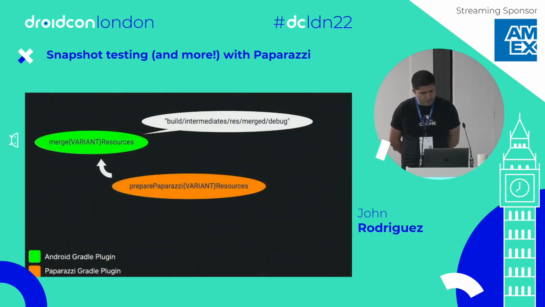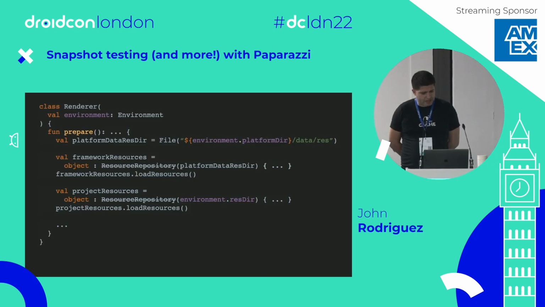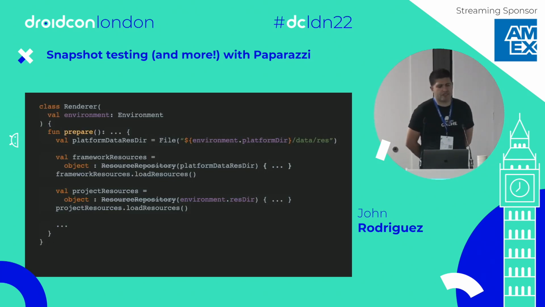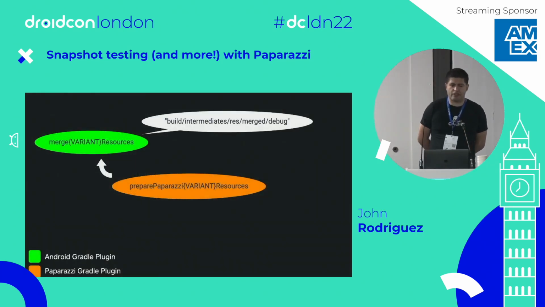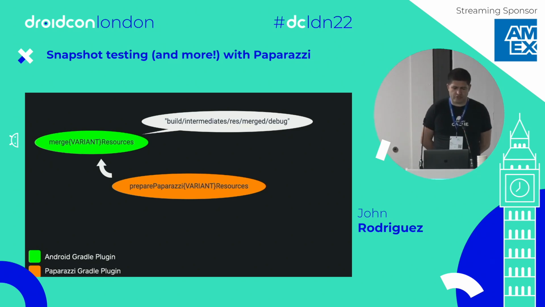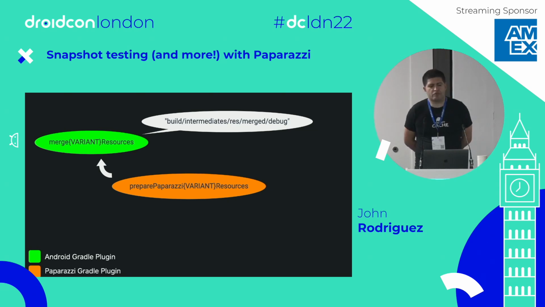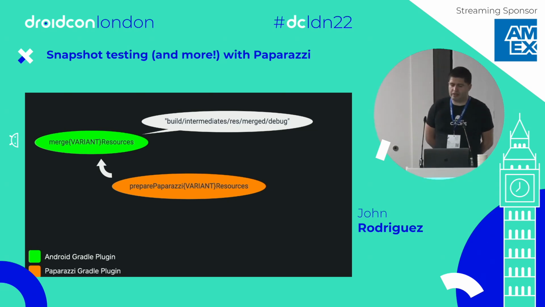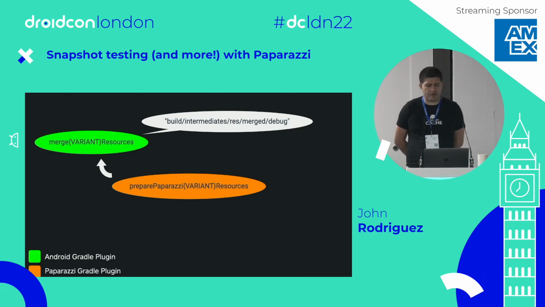One decision that we made back then, as I alluded to earlier, was having one place to get all our resources. And so the way that we did that was by peeking into AGP and seeing where it has its output folder for merged resources. Unfortunately, this was a mistake. It was a great way to make forward progress on a hack week, but it's starting to incur a bit of technical debt.